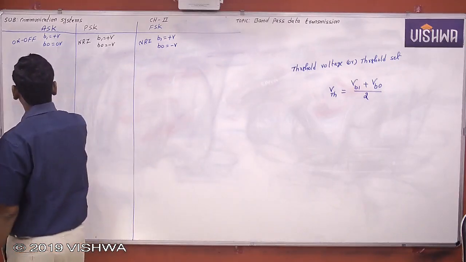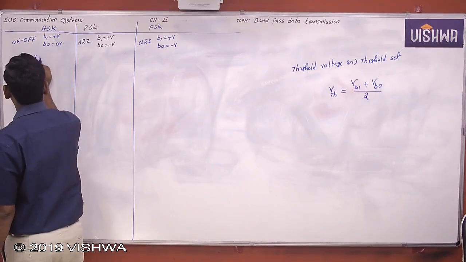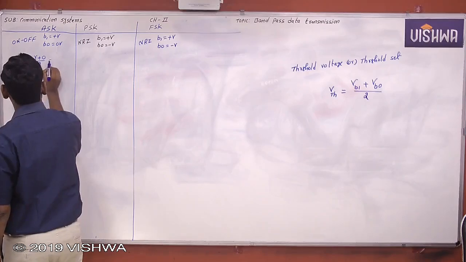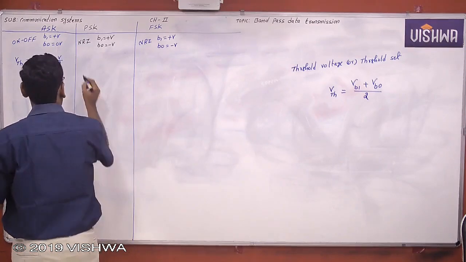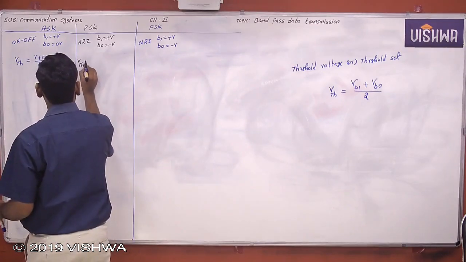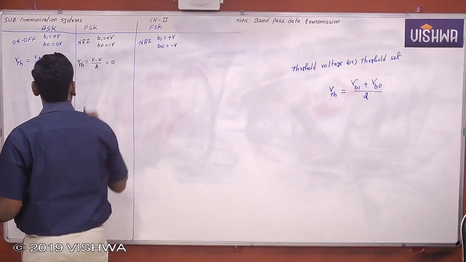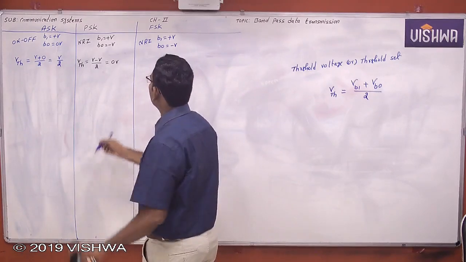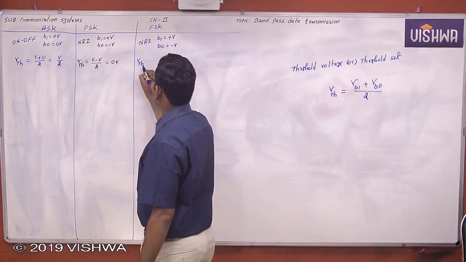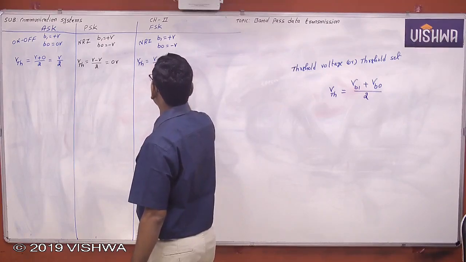So now see here, what is the threshold voltage? The threshold voltage for ASK is (V plus 0) by 2, which is nothing but V by 2. What is the threshold voltage for PSK signal? The threshold voltage for PSK signal is (V minus V) by 2, which is equal to 0 volts. Now the threshold voltage for FSK signal: binary 1 is V, binary 0 is minus V, so (V minus V) by 2, which is equal to 0.